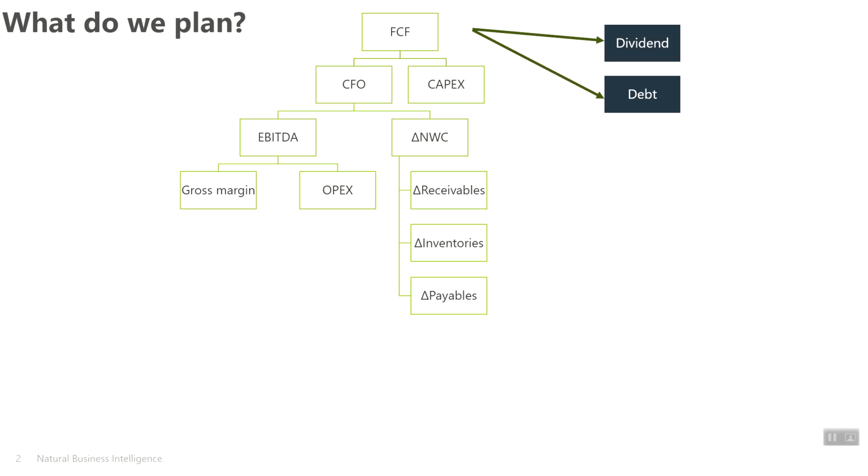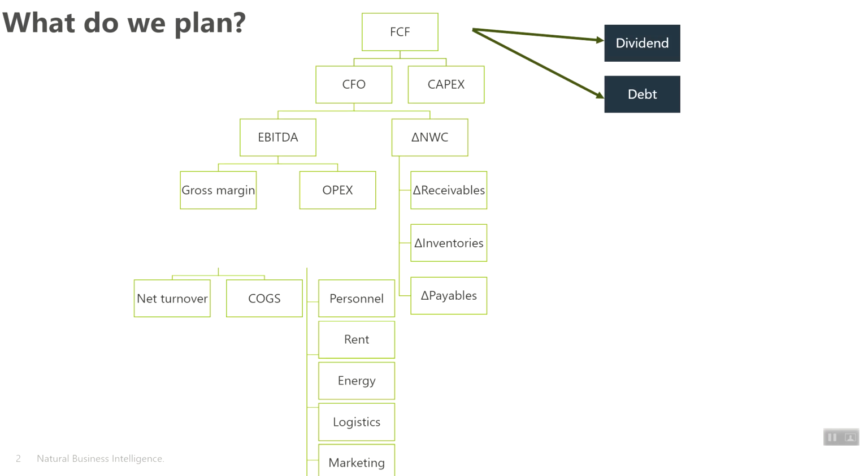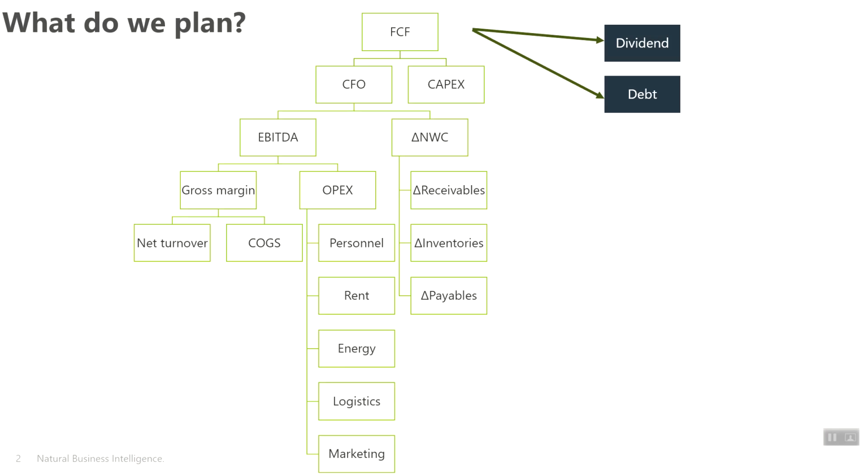On the side of net working capital, we have to plan receivables, inventories and payables. Then when we plan gross margin, we need to plan net turnover and cost of goods sold. And net turnover is not always equal to gross turnover. We need to deduct all the deductions and rebates that we give to our customers.